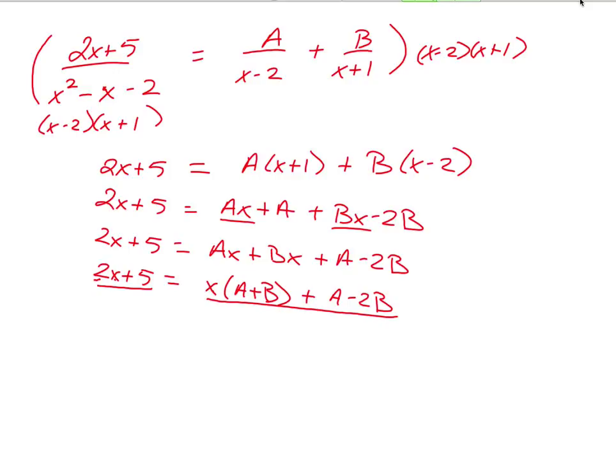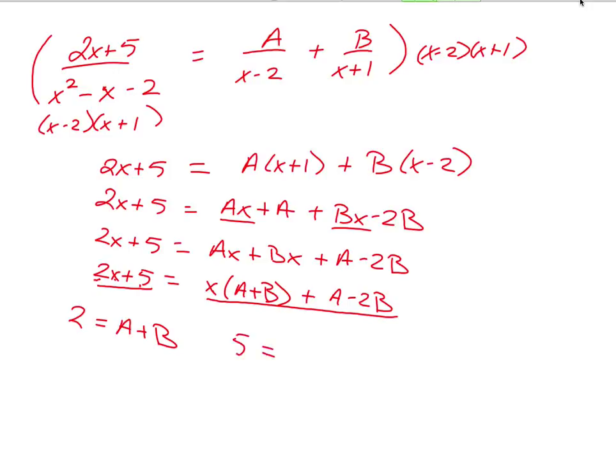A + B equals 2. Very good. In order for these two things to be equal, and I've only got one x on the right and one x on the left, the coefficients of those x's have to be equal to each other. Everybody buy that? Okay.